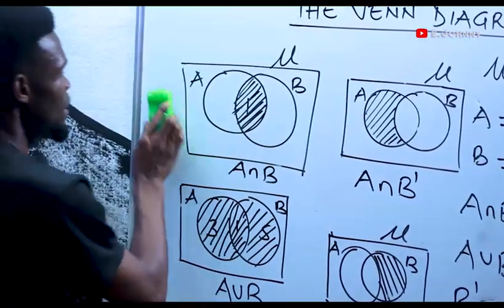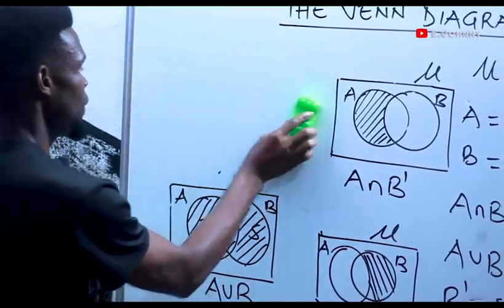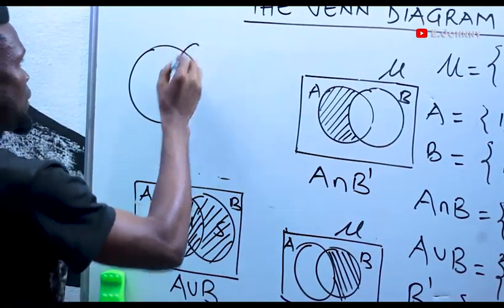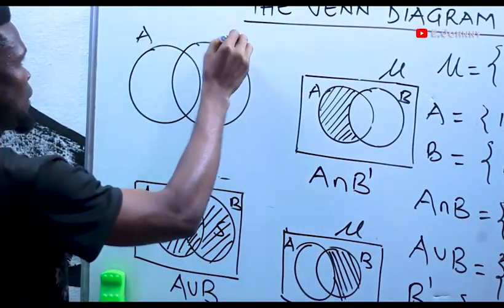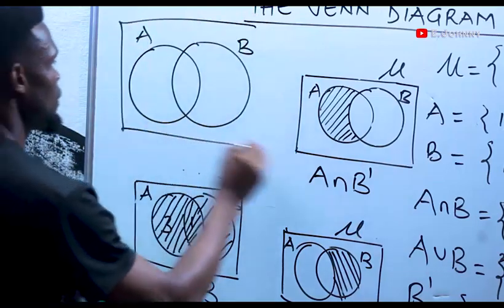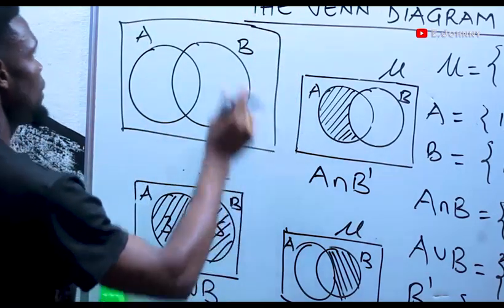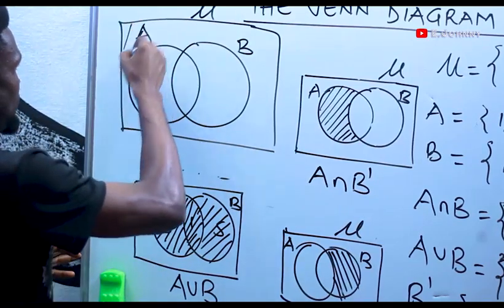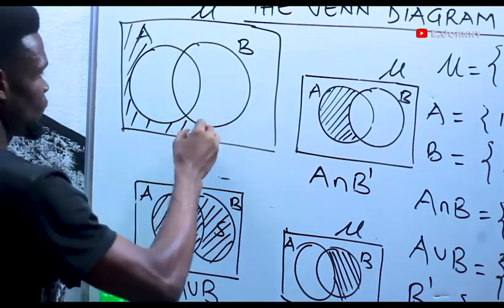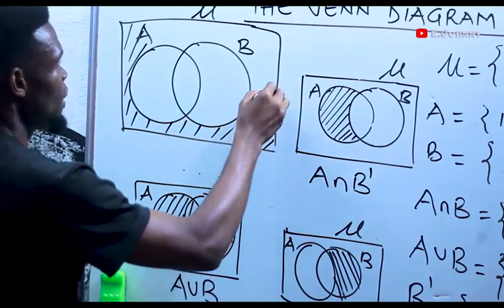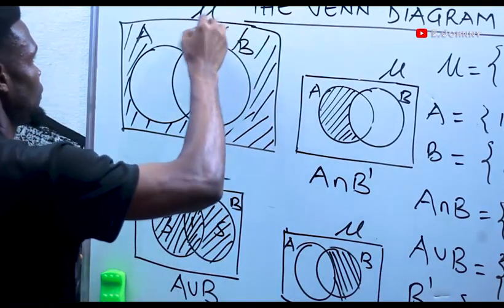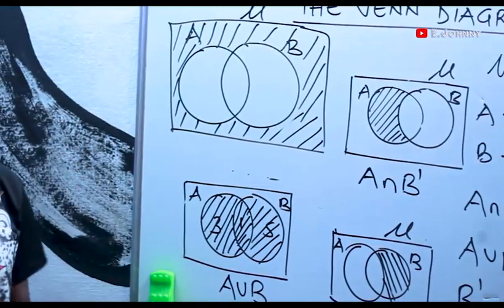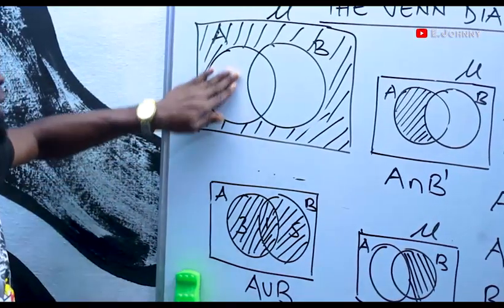Okay. If I do something like this, A, B, this is set A, this is set B, this is the universal set, and then I shade this thing. I'm shading the outside now. So at this point, is there any element in set A?